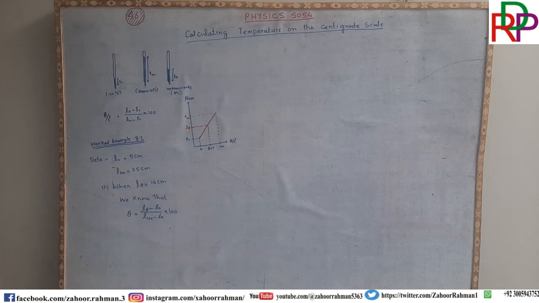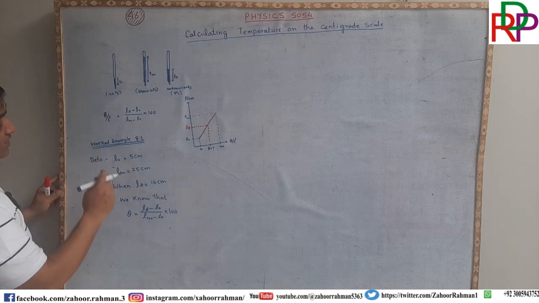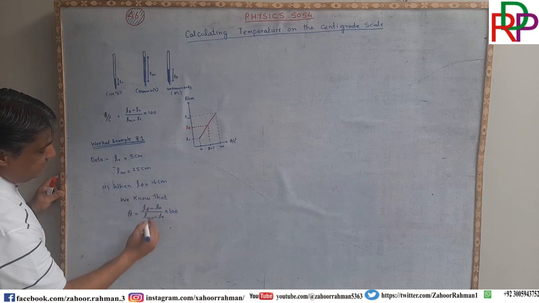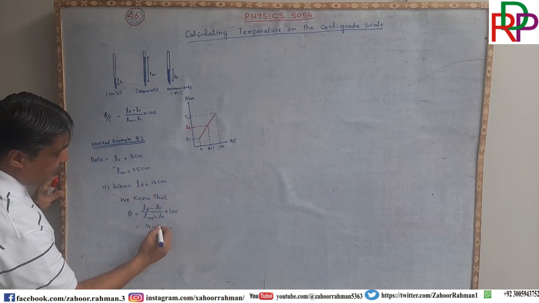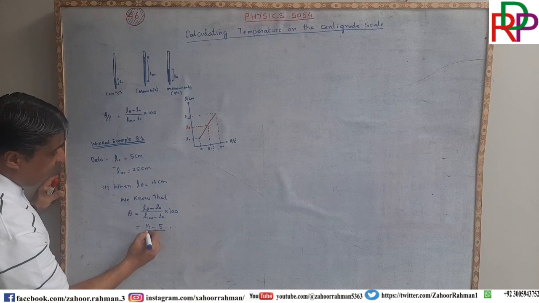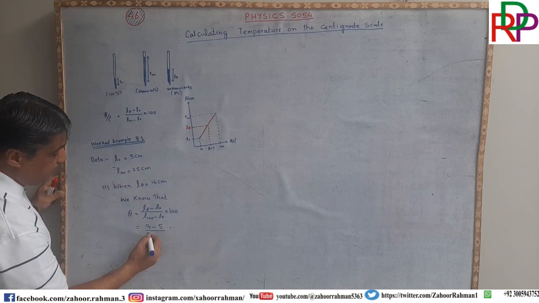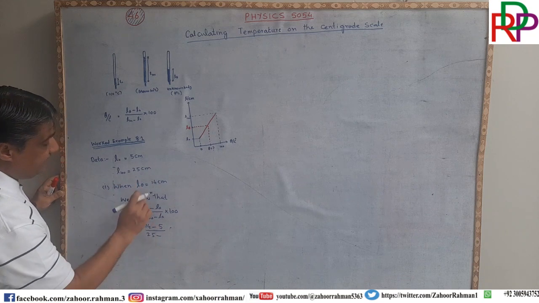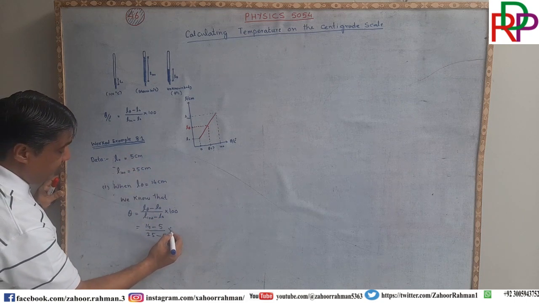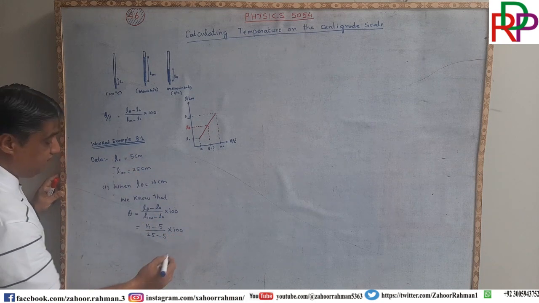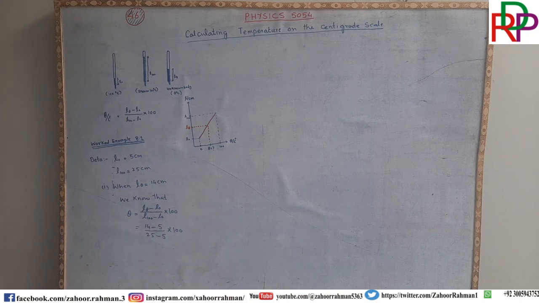That is this formula. Now everything is given, so we have to put these values. L theta is 14 minus L naught is 5, L100 is 25 and L naught is again 5, and we have to multiply it by 100.